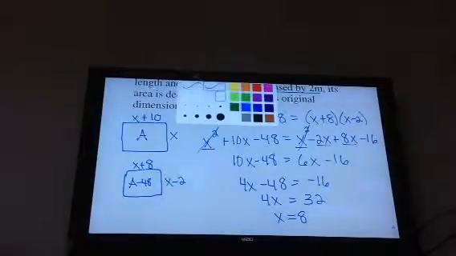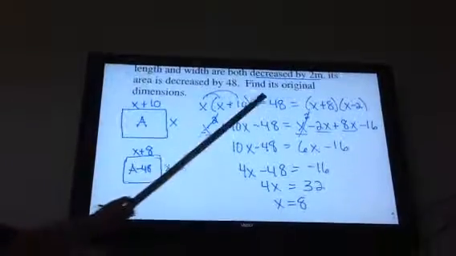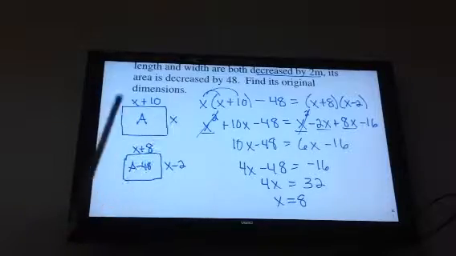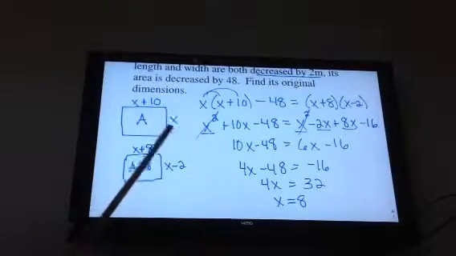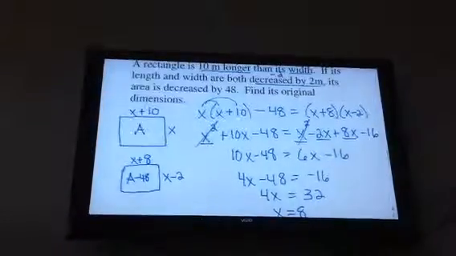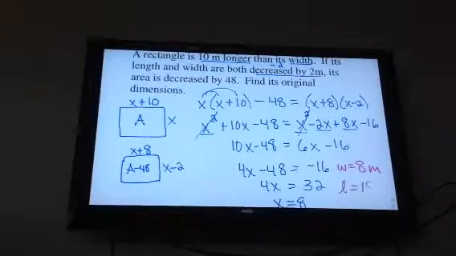Be sure to answer the question. Find its original dimension. So this is the original rectangle. So x represents the width of 8, the length of 18. So the width of the original one is 8 meters, and the length of the original one, 18 meters.